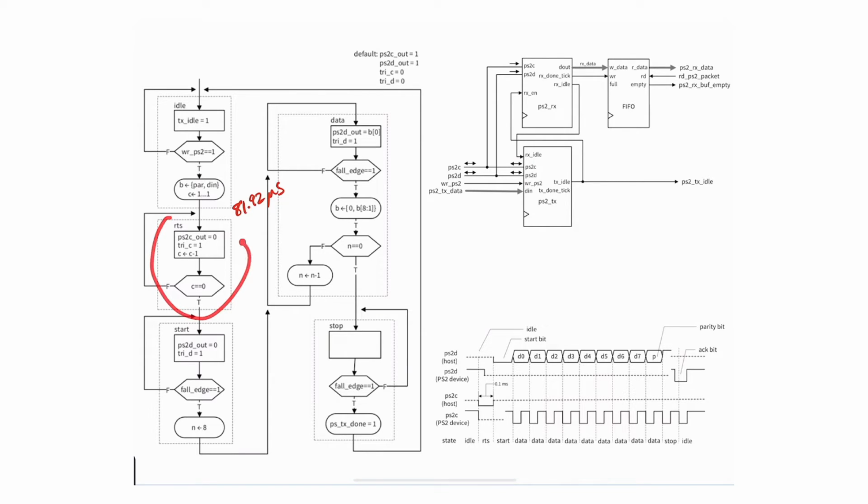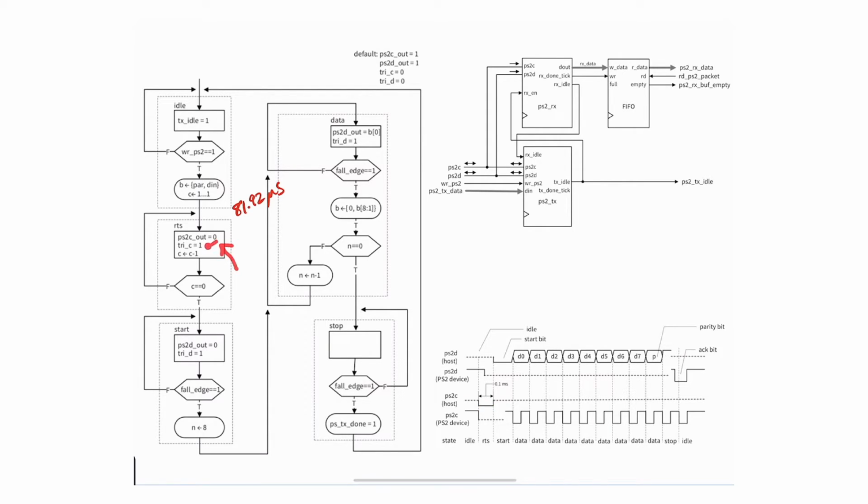So the request to send, after we wait. The idle: the processor asserted this, put whatever data it wants to send, and then it waited for the RX to make sure that it's done, and then it goes to request to send. All it does is make sure that the host drags the clock to 0, and that's exactly what it's doing in here.